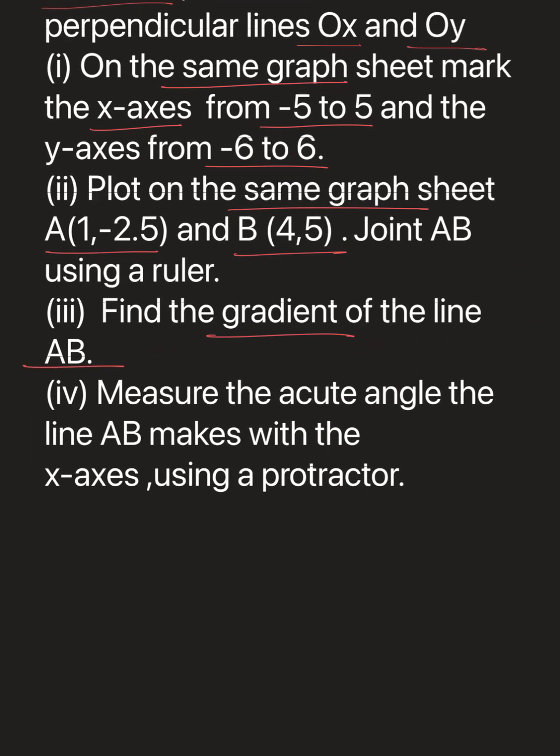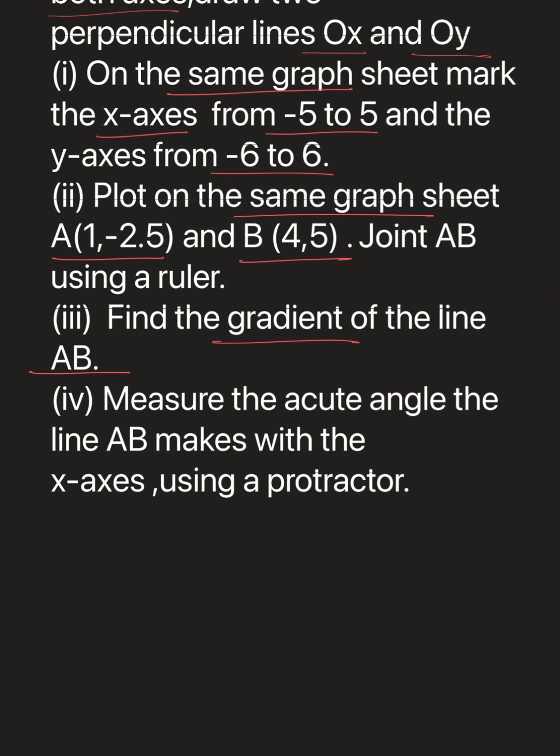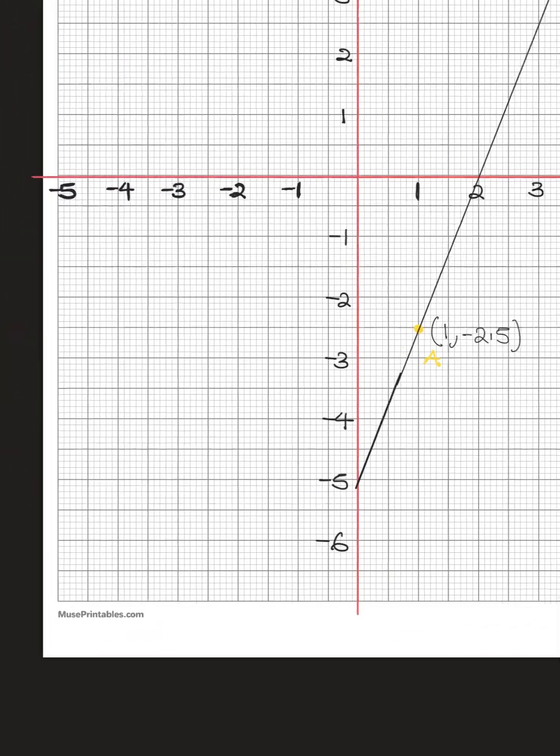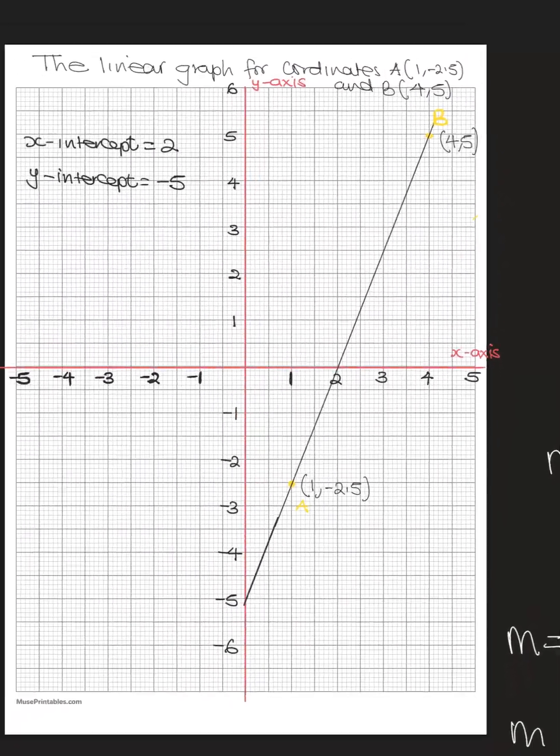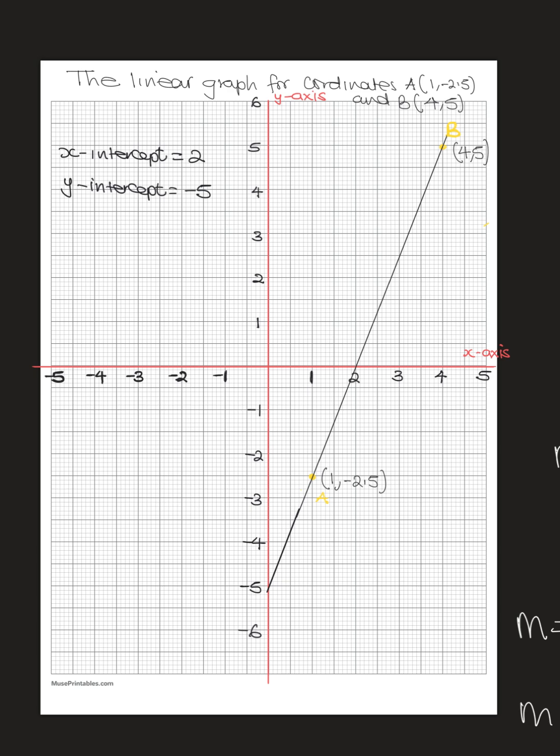It says measure the acute angle the line AB makes with the x-axis using a protractor. So if you go back to the graph, this is the graph here. Where does the line AB, that is the graph, make with the x-axis?